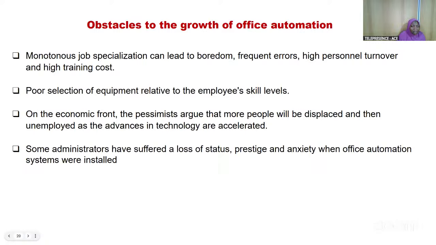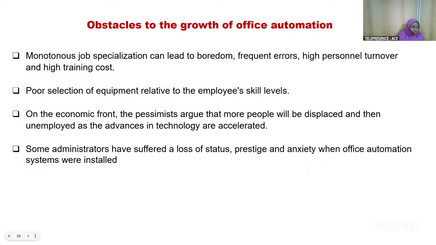For instance, when you get into the office, it's the same thing you do all the time. And you know, human beings, you know how we are made. At times you get bored, especially let's say you work at a data entry office.